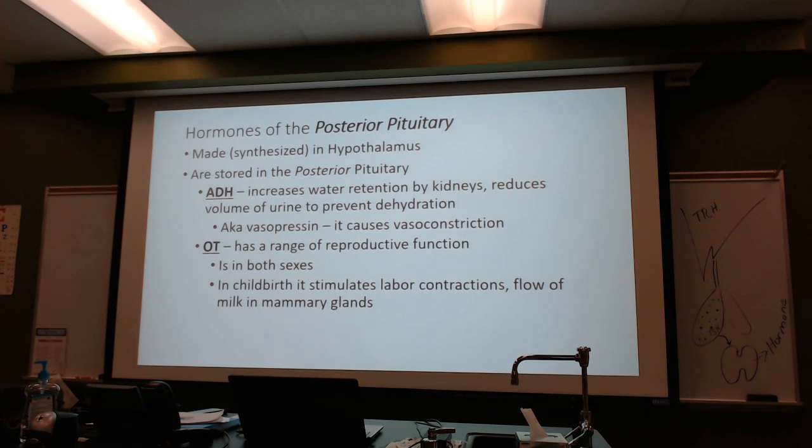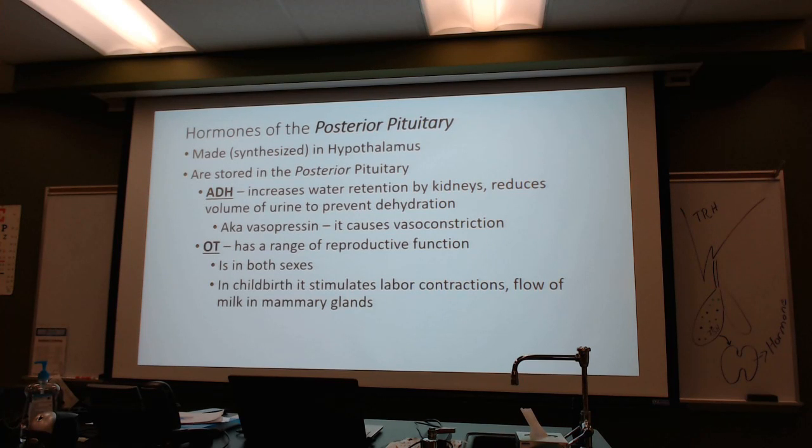The anterior pituitary cannot. So the posterior pituitary stores the hormones made in the hypothalamus. Okay, so note what I just told you.